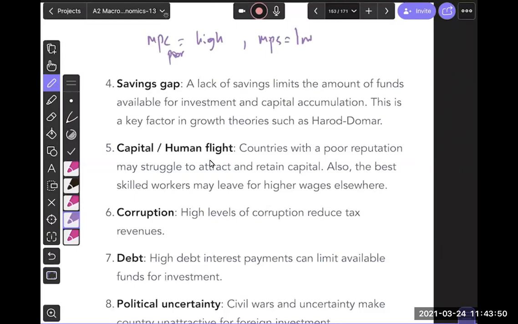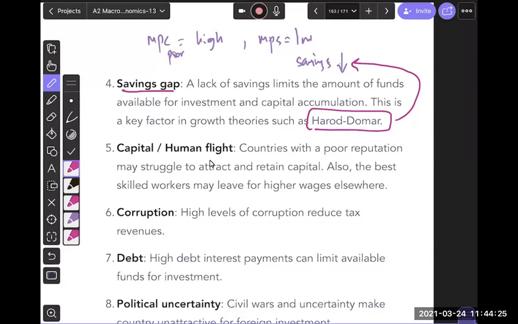If MPS is low, that would mean savings will be low, right? And that would mean you do not have enough capital or enough savings available for investment. And this is the key factor in the Harrod-Domar model, which says that poor countries are poor because they do not save enough. And the reason why they don't save enough is because, of course, their MPS is low. So there is a saving gap which is causing an economy to suffer.